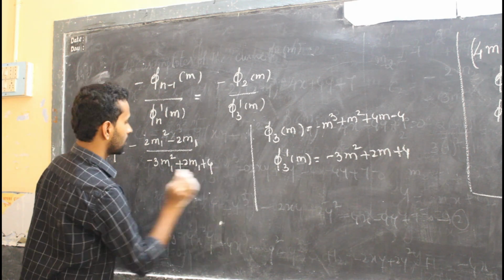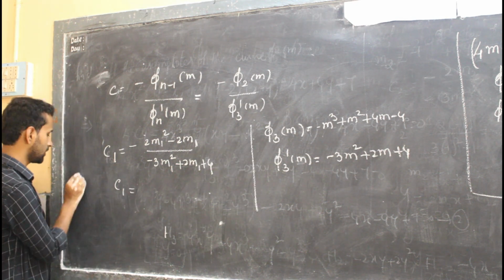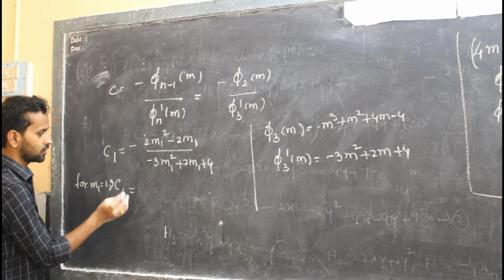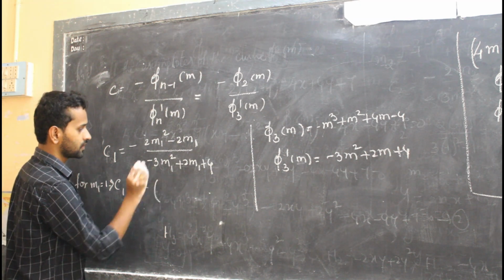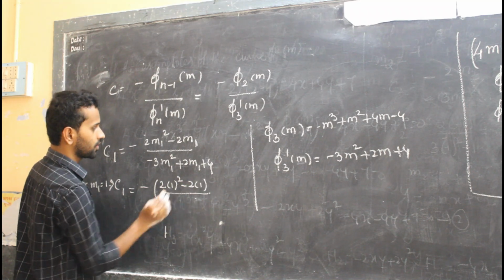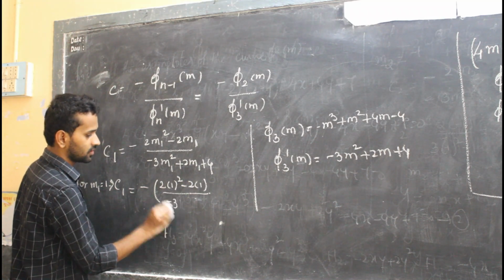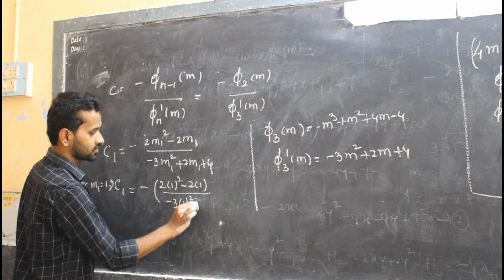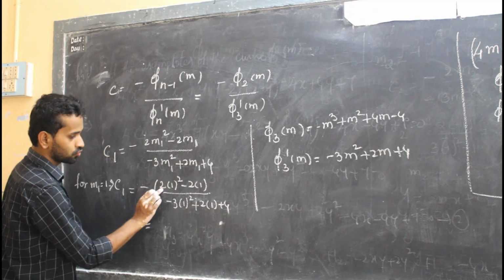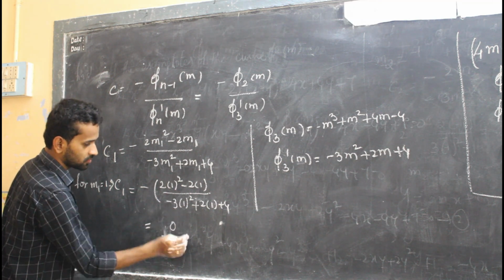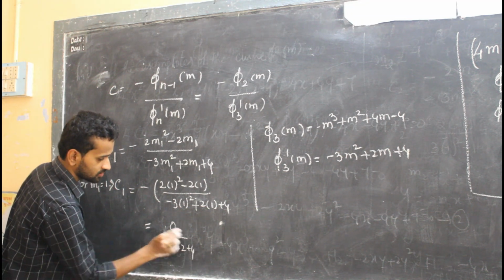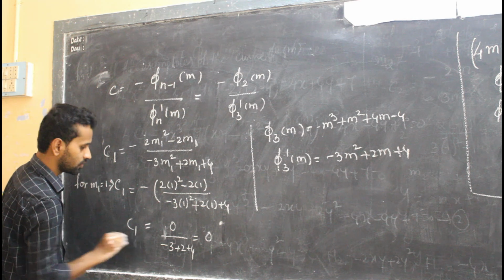So for m1 equal to 1, c1 equal to minus of 2 into 1 square minus 2 into 1 divided by minus 3 into 1 square plus 2 into 1 plus 4. So the numerator becomes 2 minus 2, 0. Zero divided by anything will be 0, so c1 will be 0.